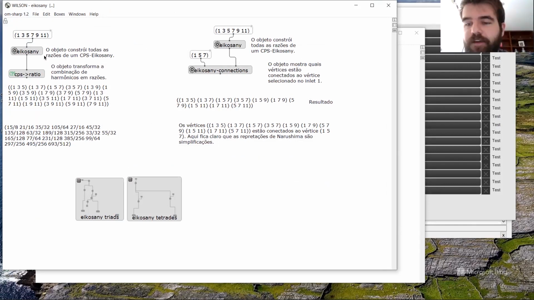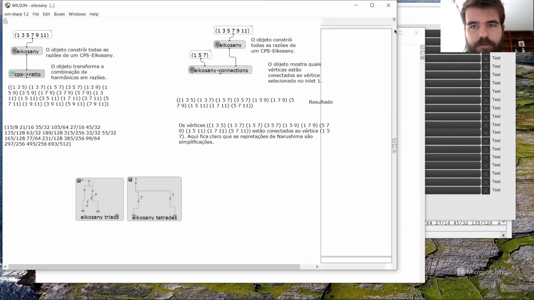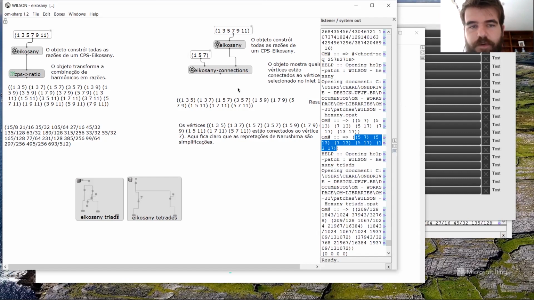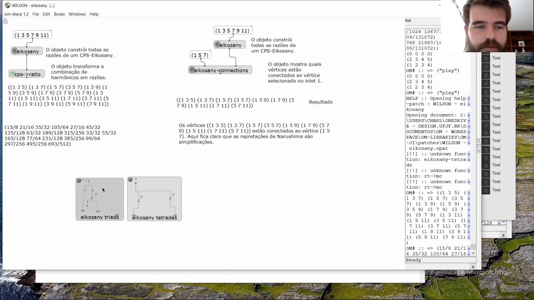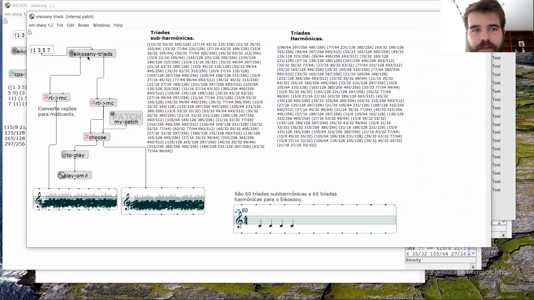In the eikosany each vertex has 3 harmonics. So this is the difference. The connection is the same thing, and here I have the idea of triads. In the eikosany we have a lot of triads. I think it's 60 triads.